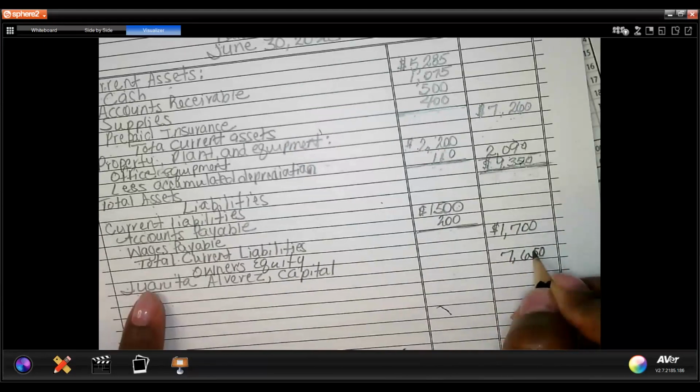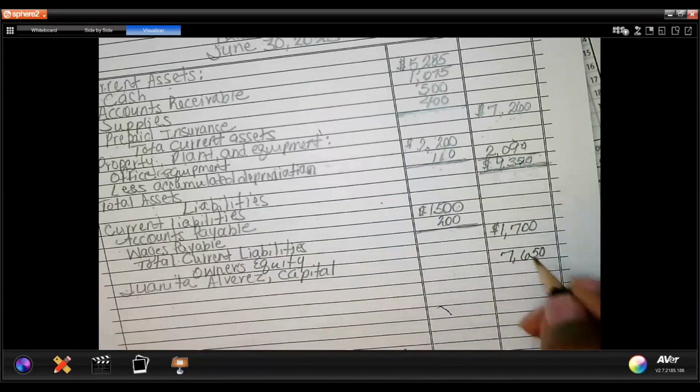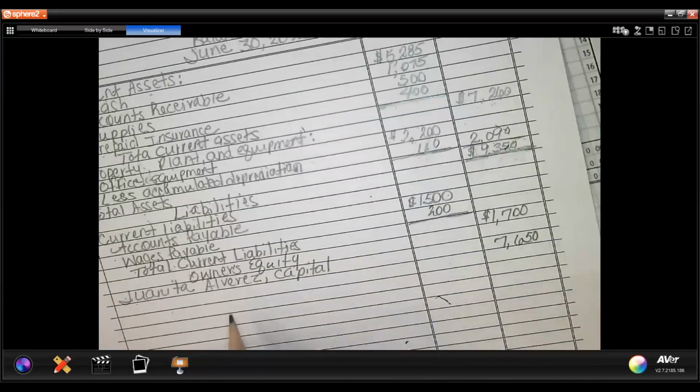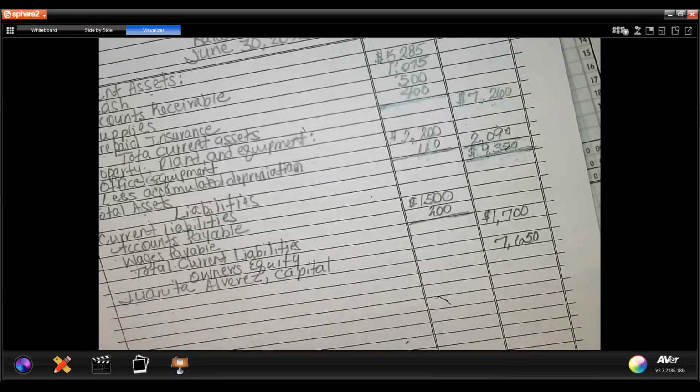Okay, so now let's total up. We need to total up liabilities as well as our capital. So remember, liabilities and owner's equity are on the right side of the accounting equation. We're going to total up those amounts.